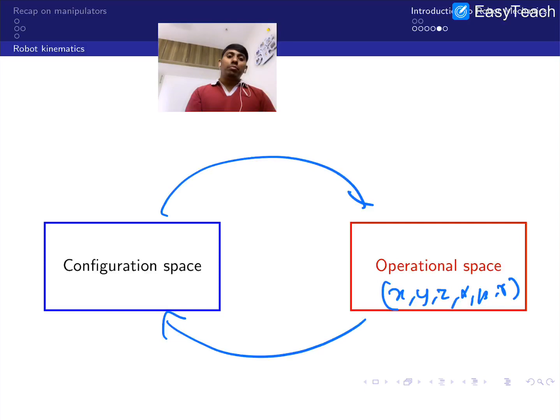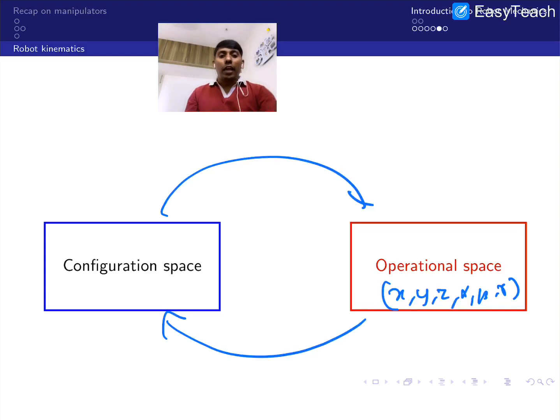Now we assume that the configuration space is known. I am taking a manipulator, taking each body and constraining it, and putting them one by one in a certain desired way. At the end, I am arranging it in a certain way, and I will see what the tool point would be at the end, right?